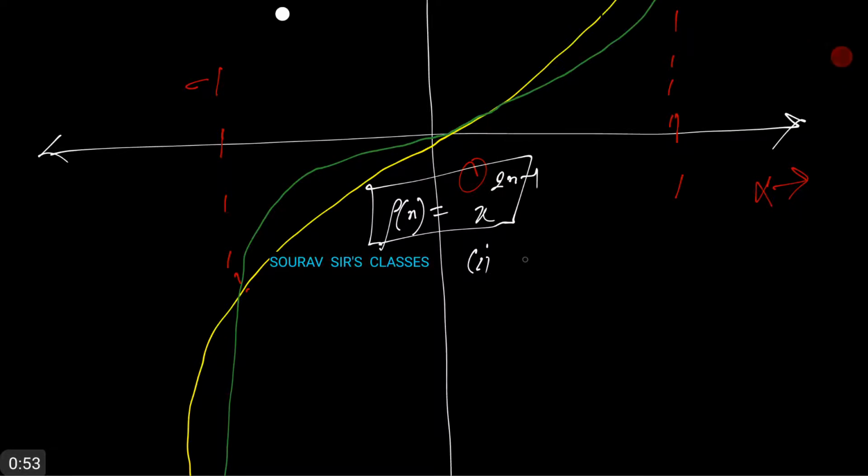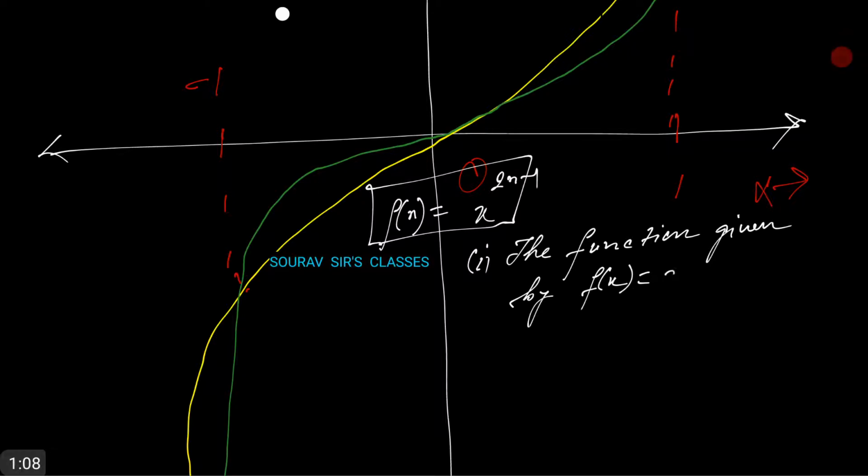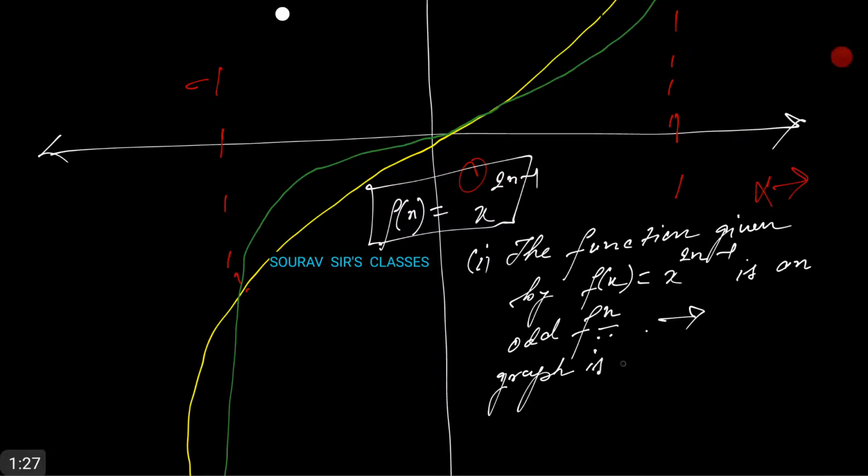Now, this is an odd function. The function given by f(x) equals x to the power 2n minus 1 is an odd function, so its graph is symmetrical about the origin.